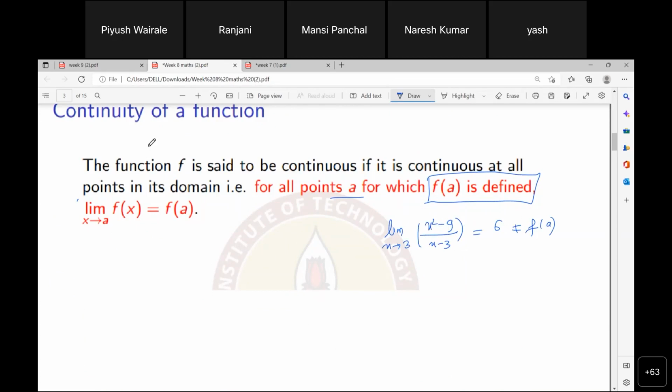So what do I mean by a continuous function? There are two important things. First, the limit should exist. Limit should exist means what? Left hand limit must be equal to right hand limit, right?